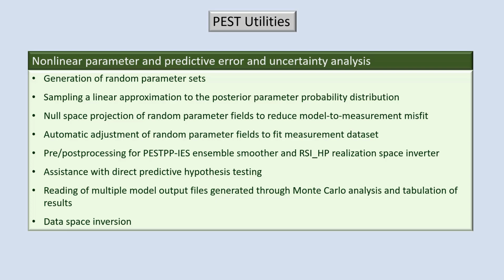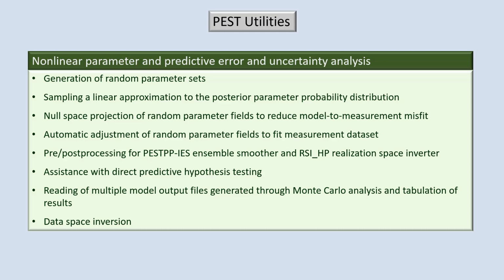Other roles played by the utilities include not linear but nonlinear uncertainty, parameter and predictive uncertainty analysis. So some utilities can be used to generate random parameter sets. We can sample the prior parameter probability distribution.